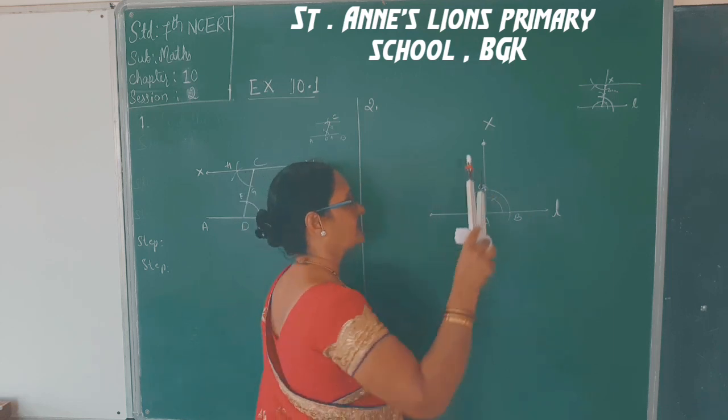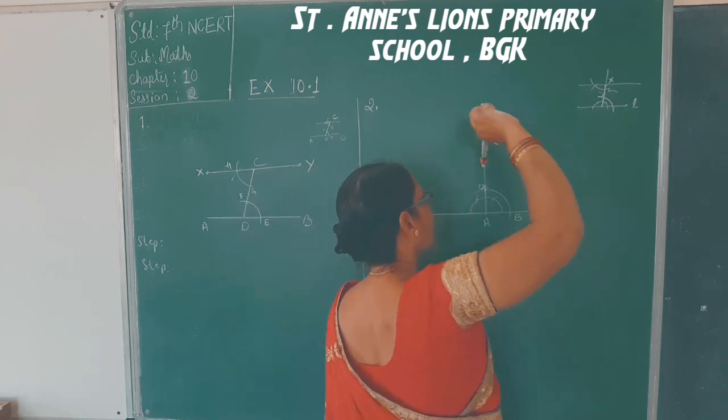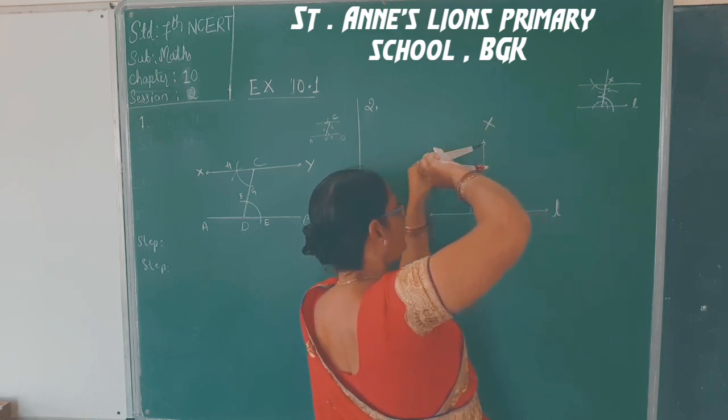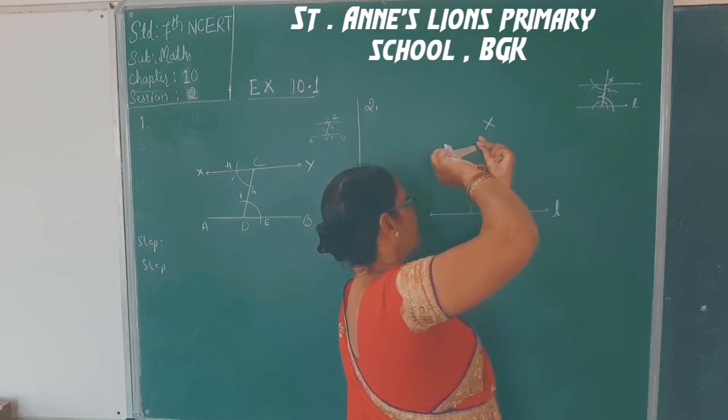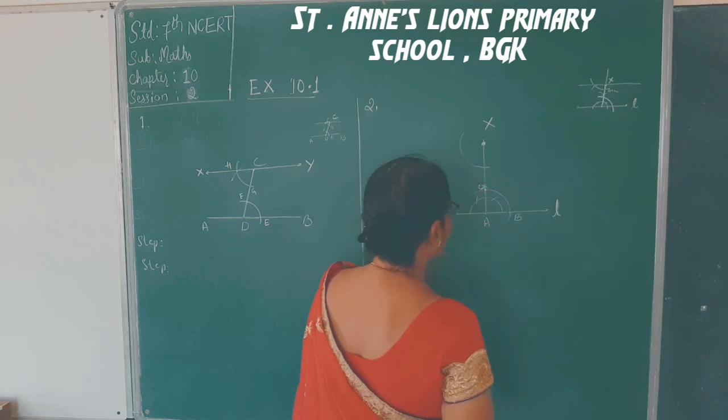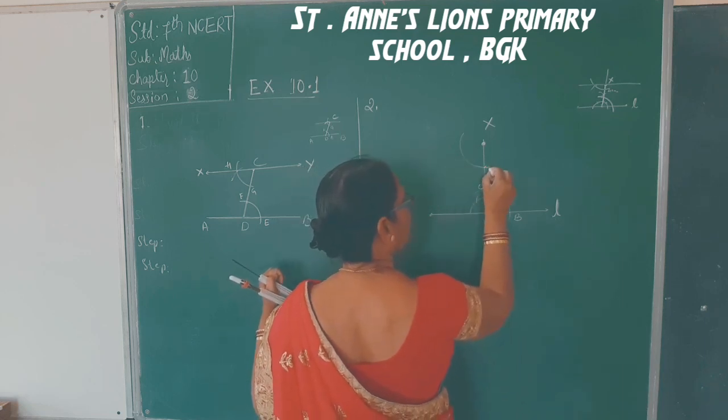With the same radius, X as the center, you just draw an arc such that it has to cut the line segment XA. Where has it cut? It has cut at the point B.